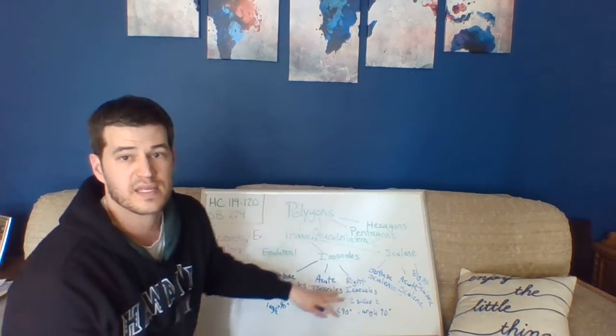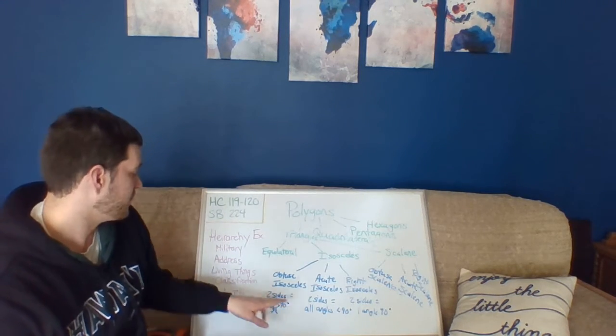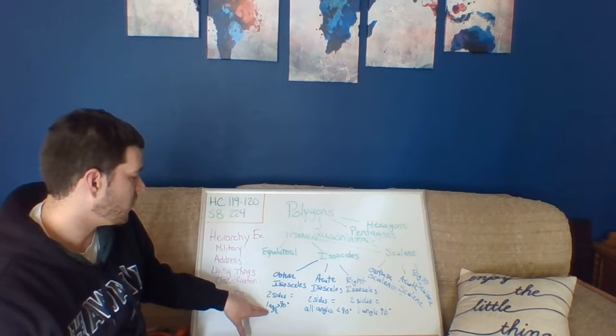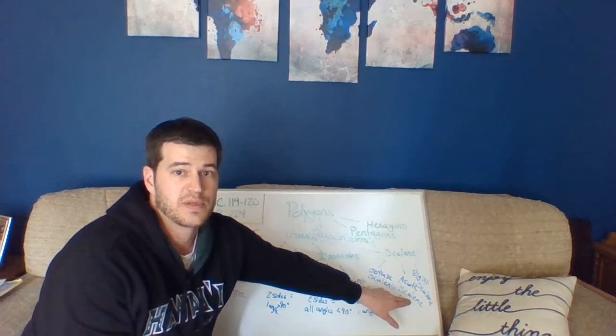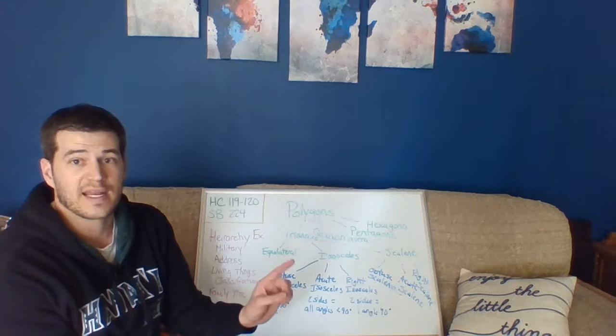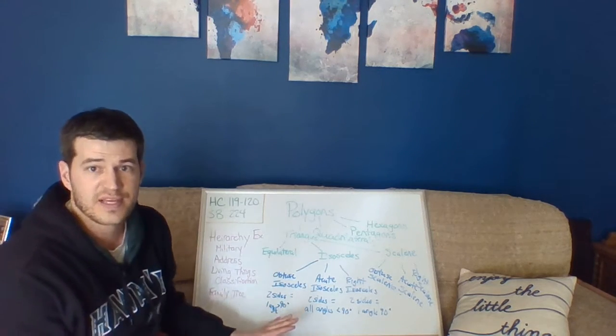So everything is going to be the same here, except the scalene, no sides are going to be the same. So there's going to be no two sides equal, all three sides are unique. One angle is going to be greater than 90 with the obtuse, all of the angles will be less than 90 with the acute, and one angle will be 90 degrees exactly with the right. All right, so copy this hierarchy down.